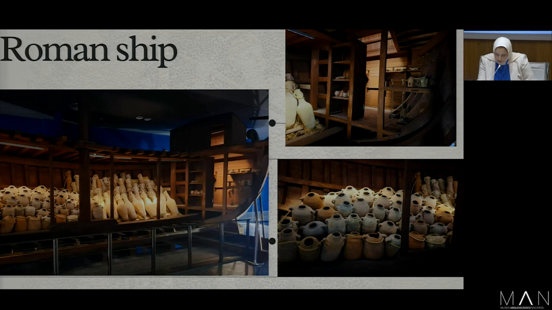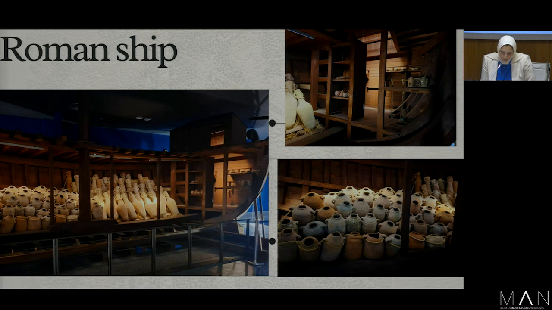The principal cargo containers are the amphorae, that you can see here, which were stacked in rows and columns according to the plan for loading and unloading during the voyage. Some ships had a cabin which was entered from the deck, in which the captain kept his personal belongings and those of the crew.